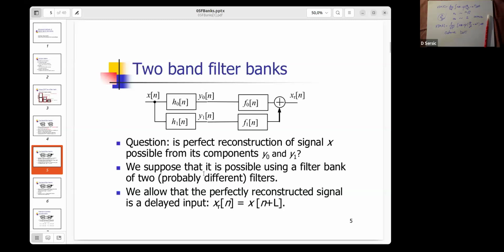It is mostly named the analysis part of the filter bank, or analysis filter bank. So we are splitting our original sequence of numbers into two sequences of numbers, to see some more precise features of the input phenomenon.